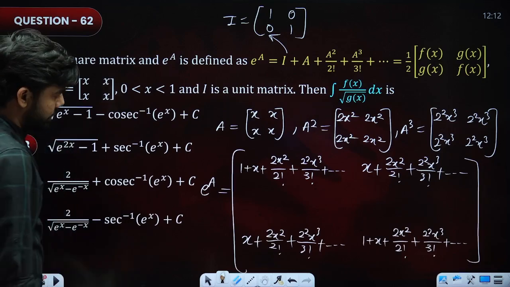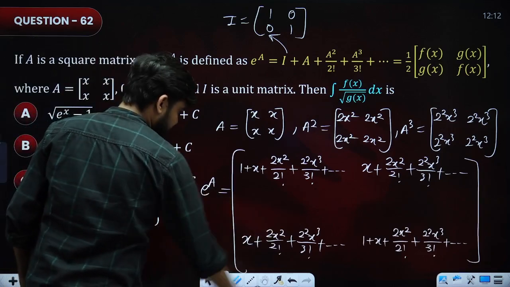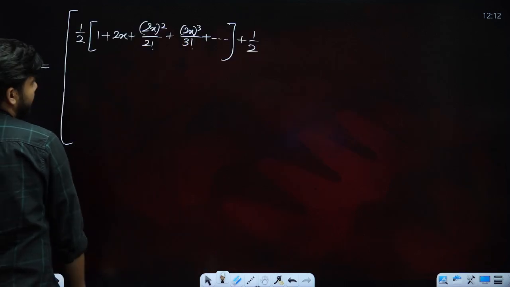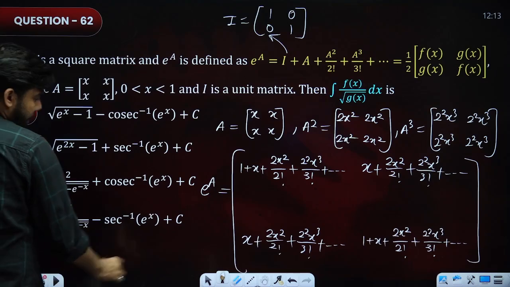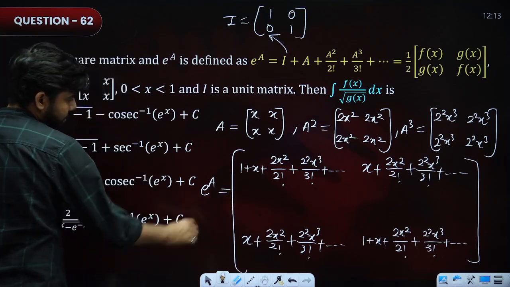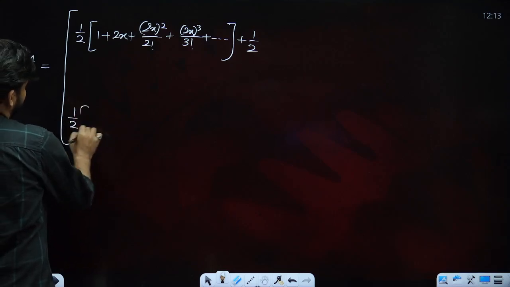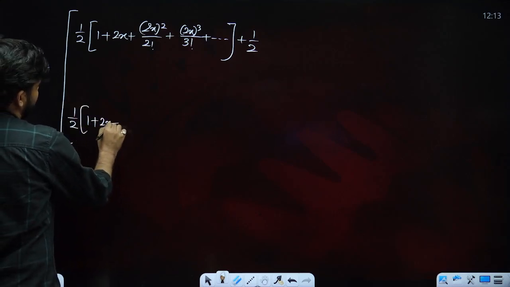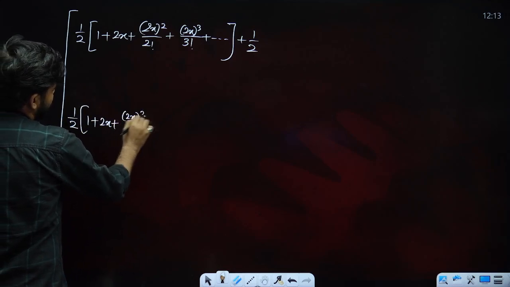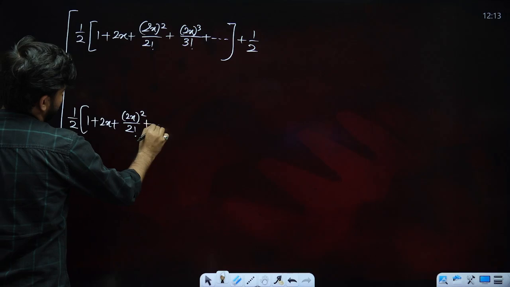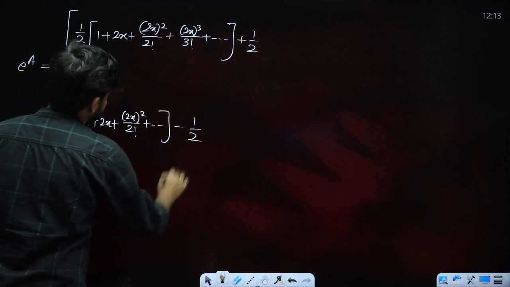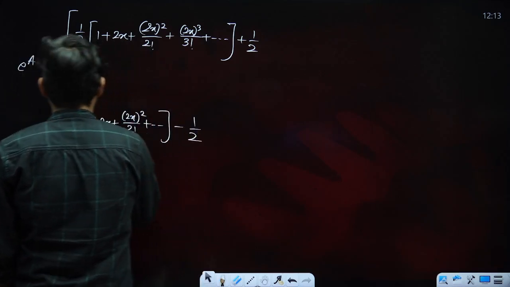That's how we can write it. Similarly for the other, we have to add 1 by 2 and subtract 1 by 2. So 1 by 2 times 1 plus 2x plus 2x square upon 2 factorial and so on, and minus 1 by 2.